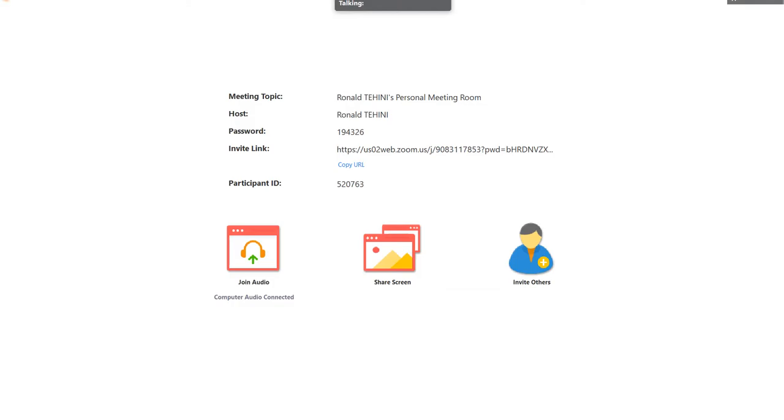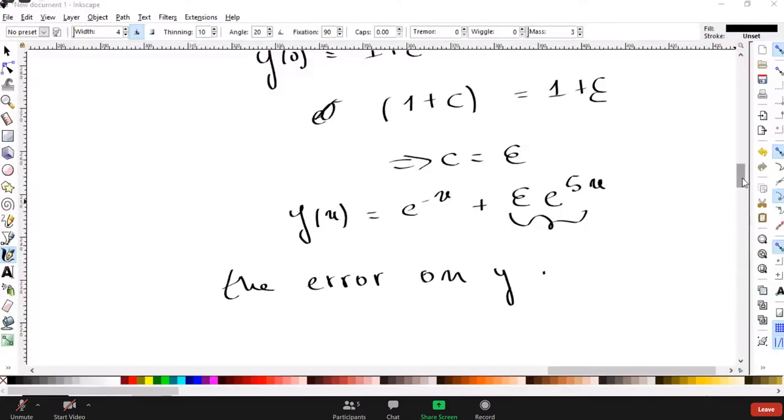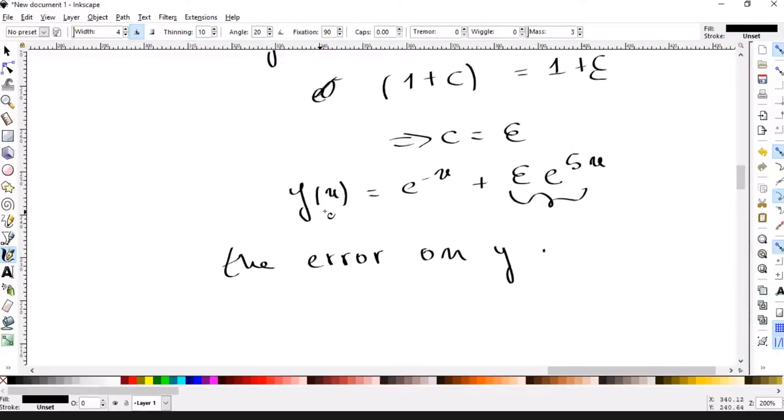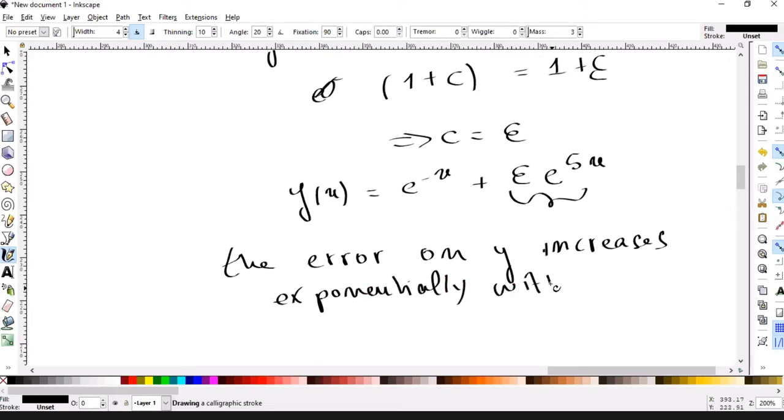When you change the initial solution by epsilon, the solution y changes into exponential minus x, which was the solution for y of 0 equals 1, plus epsilon exponential 5x. So the error on y increases exponentially with the round-off error of the initial solution epsilon.